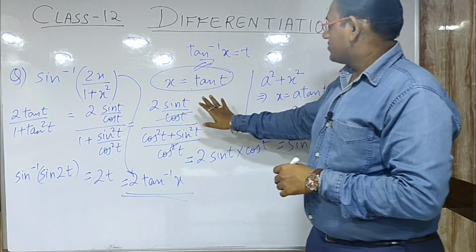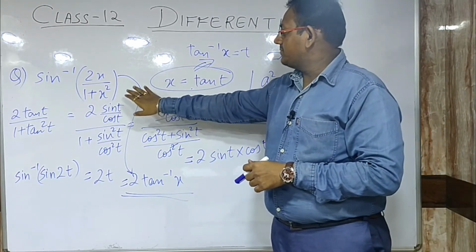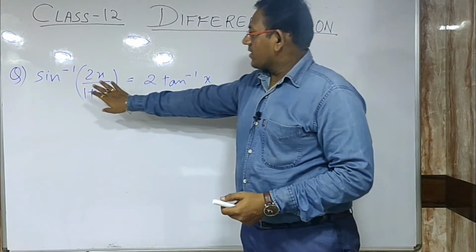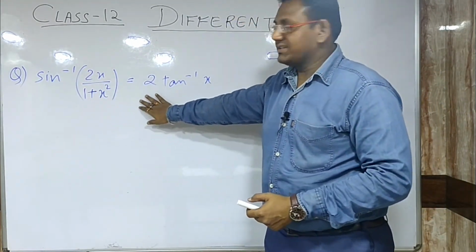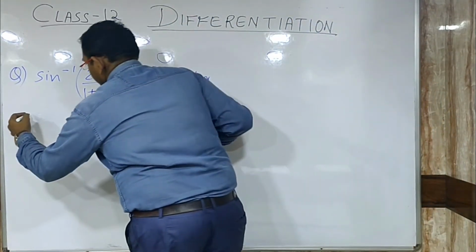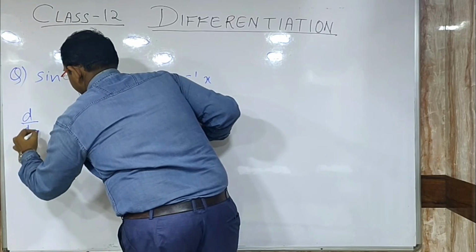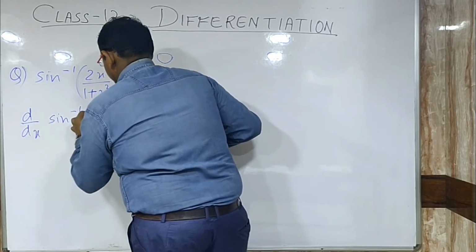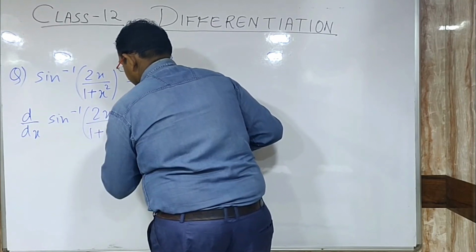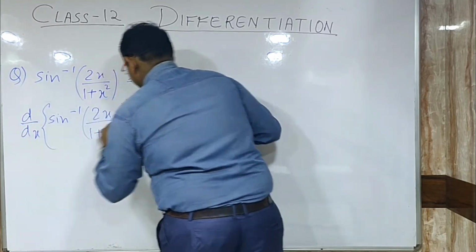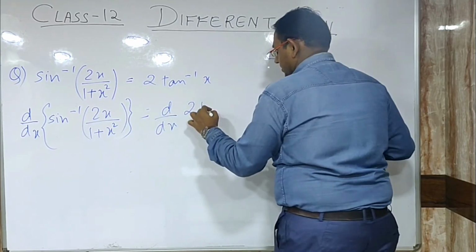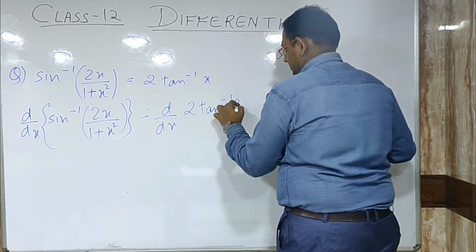Now let me simplify the differentiation part. We already got the value of sin inverse 2x by 1 plus x square in the form of tan, as 2 tan inverse x. Now if we are going to differentiate sin inverse 2x by 1 plus x square, instead of differentiating this, we will differentiate d/dx of 2 tan inverse x.